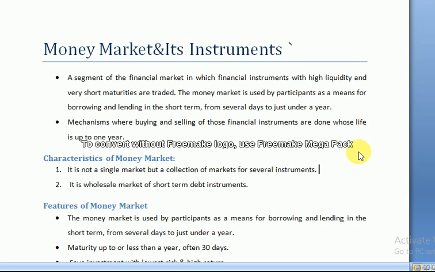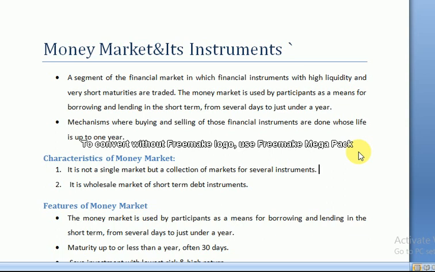It means the money market is where borrowing and lending of securities takes place, for a few days up to 1 year. Clear?